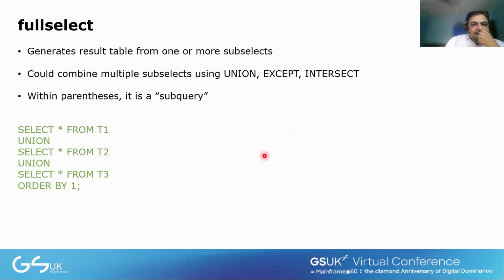The full select generates the output table from one or more subselects. So you can create the subselects in the form what I have already shown to you. And then you can combine those subselects in the form of a union, like you have similar kind of selects from a table T1, then from T2, then T3, then T4, and then you can union it.